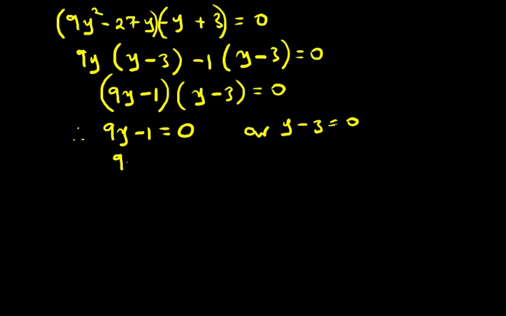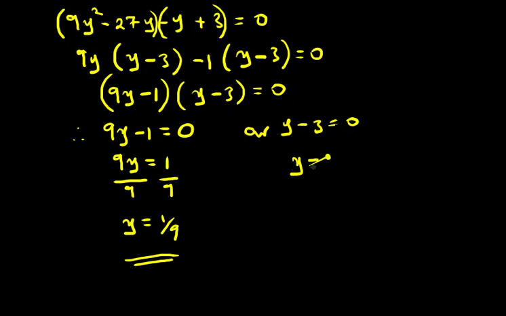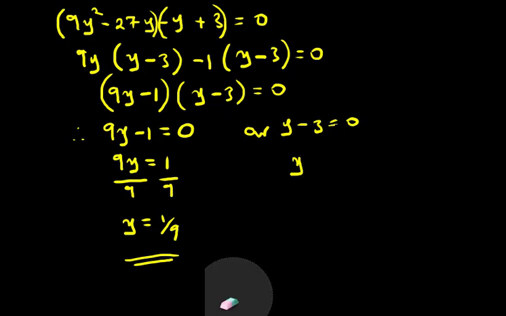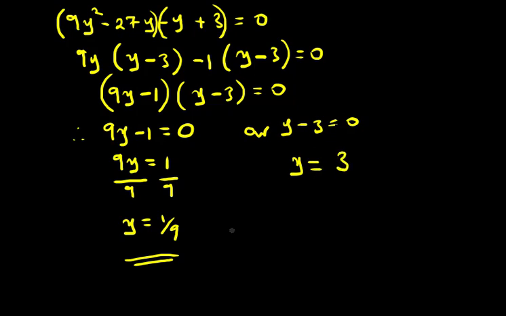So this then becomes 9y is equal to 1. So we divide over 9, so y is equal to 1 over 9, like that. And then this will simply be, sorry for that, let me just rewrite that. So this will be y is equal to 3.